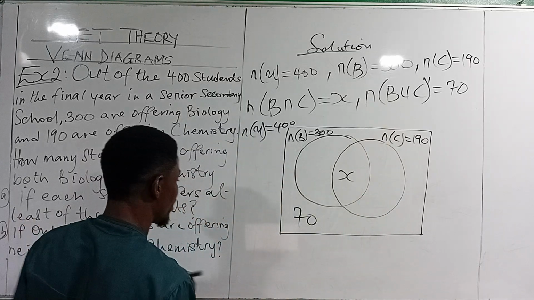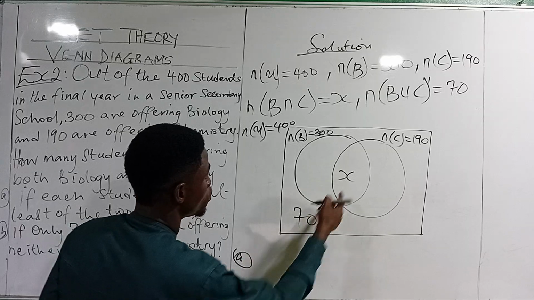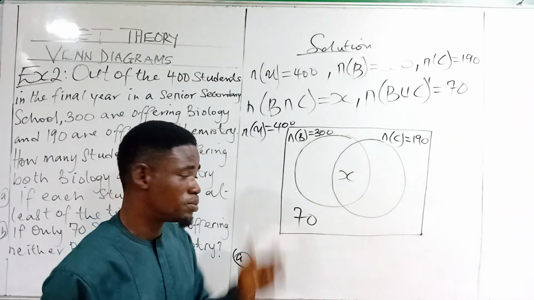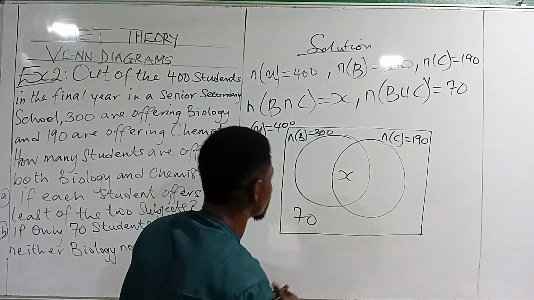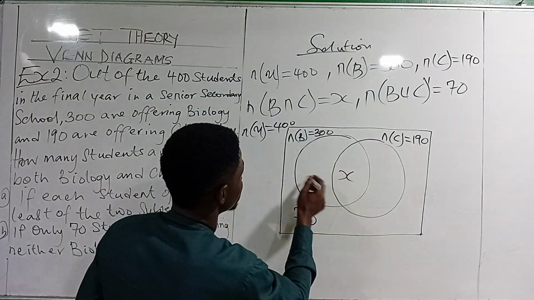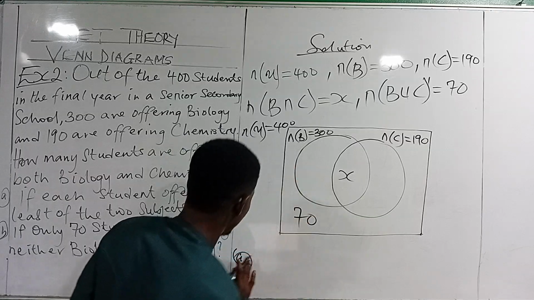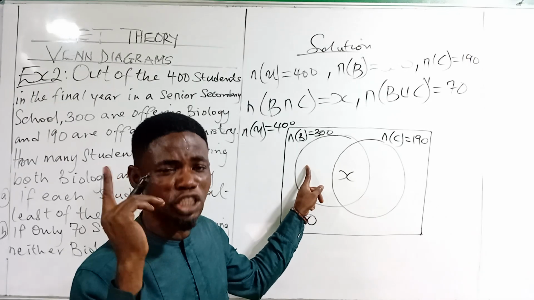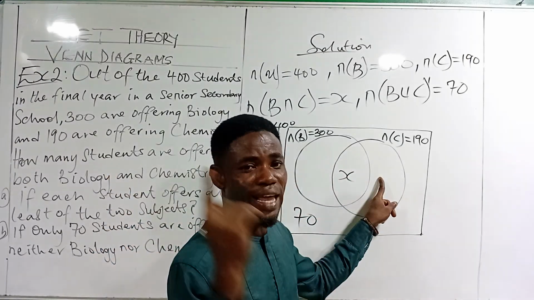So for you to calculate this number, we want to know the number of the students that offer both subjects. So add the regions together. Okay, before that, you need to know those who offer biology only and those who offer chemistry only.